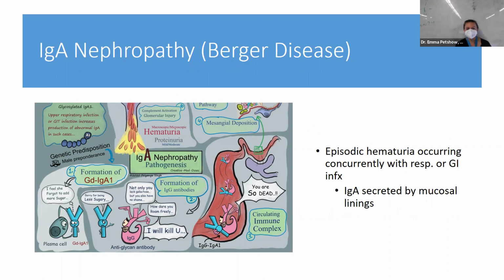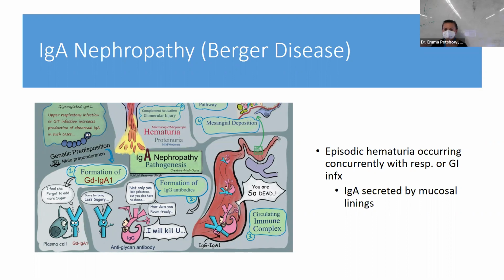All right. IgA nephropathy, Berger disease. This one you'll see episodic hematuria. Again, it's a nephritic condition, so hematuria occurs concurrently with some type of respiratory or GI infection. IgA is secreted by mucosal linings. That makes sense, right? A GI infection secretes the IgA.